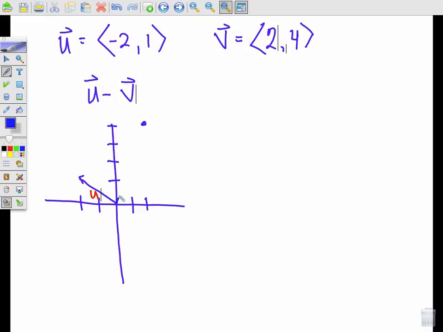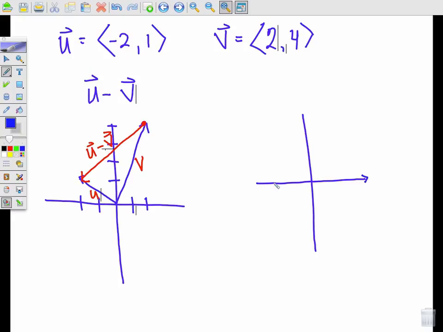And we draw vector v. Now the subtraction is when you start with the end of the second and go to the end of the first. So this is right here, the vector u minus v.